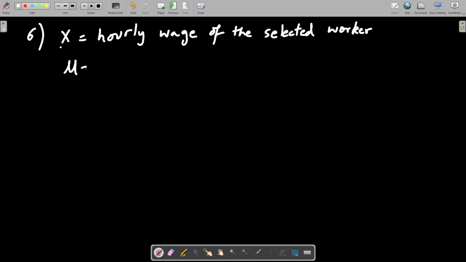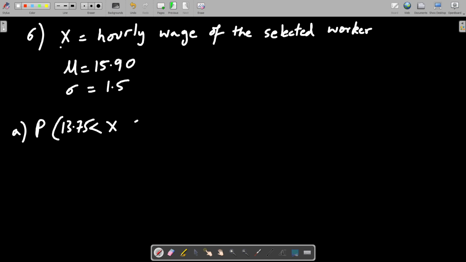They are given that mu is equal to 15.90 and sigma is equal to 1.5. Okay, so the first question is the probability of X lying between 13.75 to 16.22.